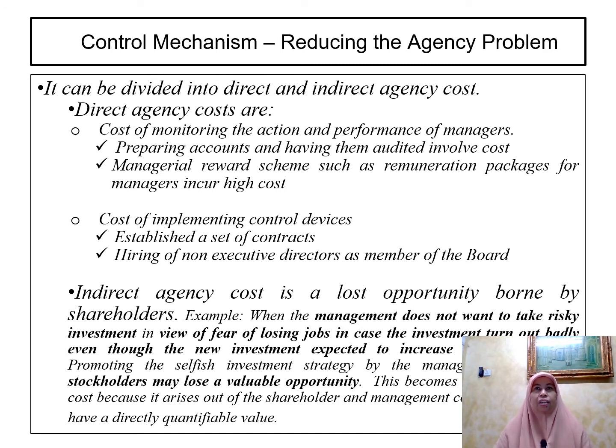For example, the Companies Act requires the managers to prepare audited accounts, to hire an external party, the auditor, to verify the financial statements. The investment made by the shareholders or the debt holders needs to be explained in the financial statements.